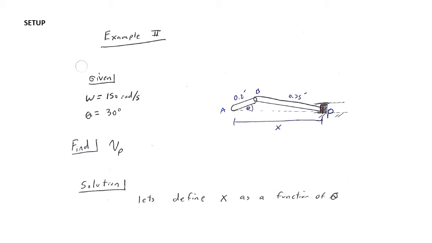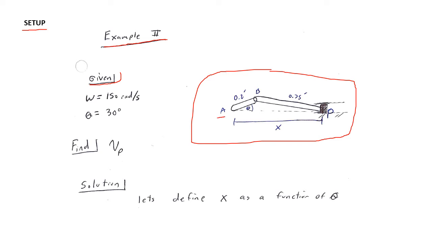So now that I've had an opportunity to read through that problem statement, physically move the components within my model, understand what they're asking us to solve for, and come up with a rough plan of attack, the next thing I want to do is create my setup page. So I have my problem name here, example number 2, my given values. I have my omega is 150 radians per second, my theta is 30 degrees. I redraw out my simplified diagram over here.